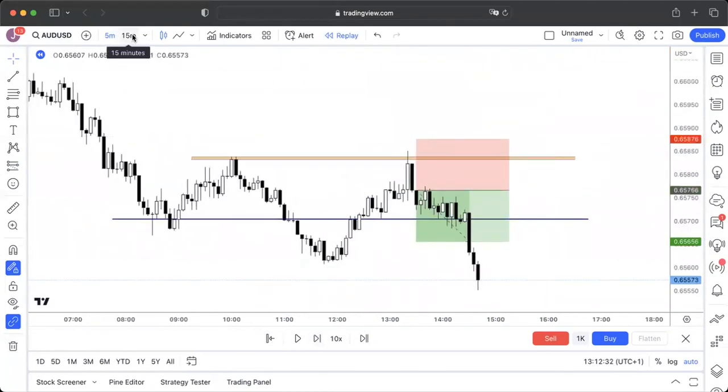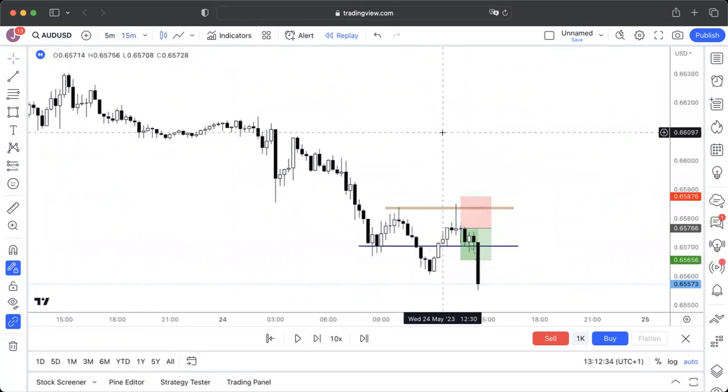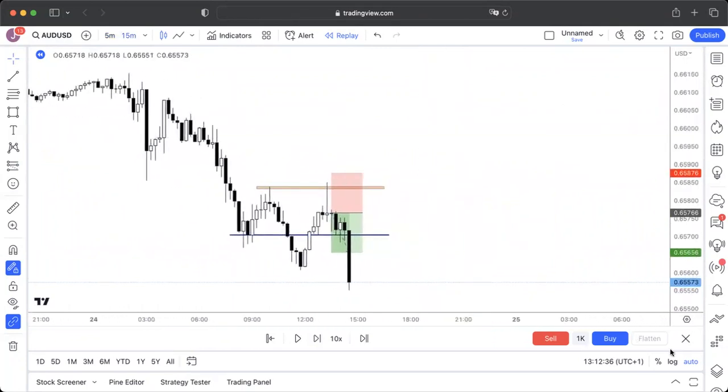So 3 very simple minor structure entries. One from the deep test zone, one from the 15-minute line level, and one from the start structural push. Incredibly simple minor structure. First trigger is your entry, as long as it is on a level as I've just gone over. And it's as simple as that.